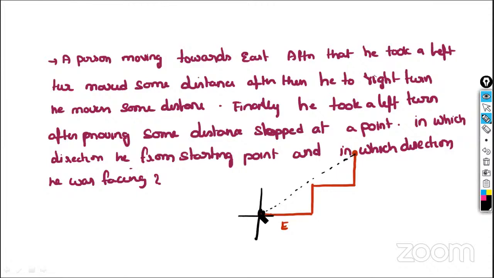So this is the starting point. This is north, this is east. In between, we call it northeast. As well as in which direction is he moving now? He is going upwards now. That is north. Right.